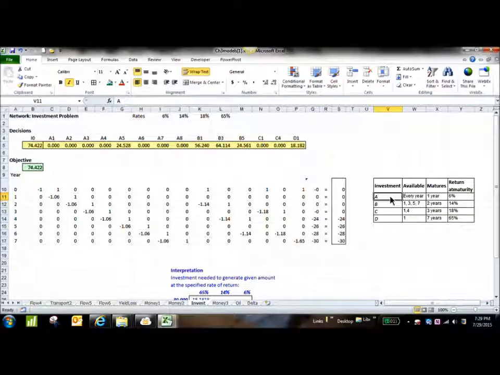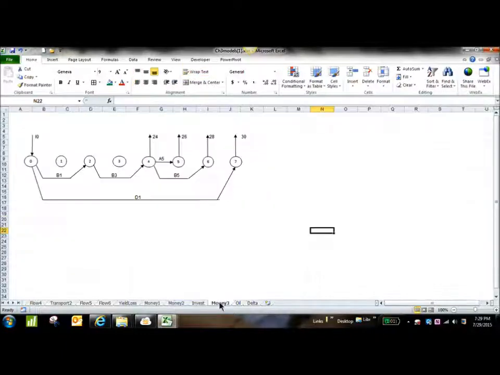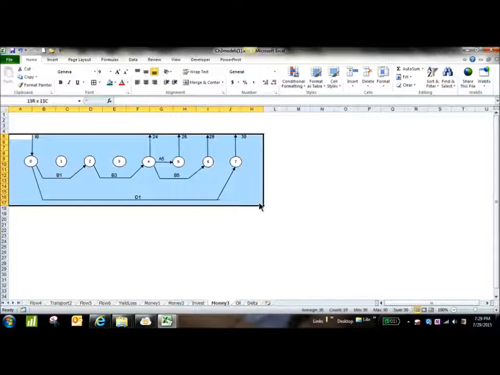Now, when you invest in this account, it matures on an annual basis. This is every 2 years, this is every 3 years, and this is every 7 years. Okay? So rather than looking at this more in numbers, it's better to put things visually using the network concept.